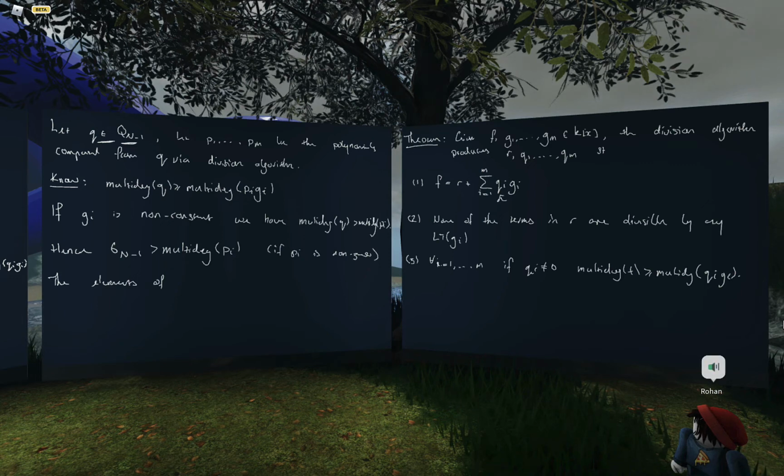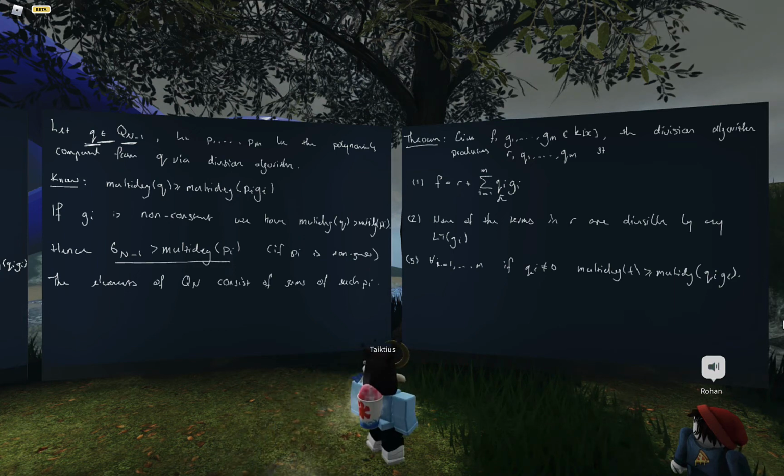Now the elements of, say, Qn consist of sums of such Pi, right? So possibly generated from different elements of this Qn minus 1 set, but they're all generated in the same way, and they all satisfy this condition here, right? And the elements of Qn consist of sums of such things.